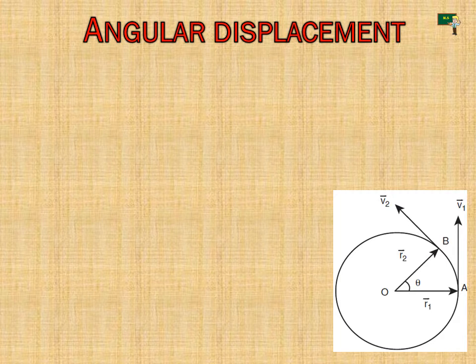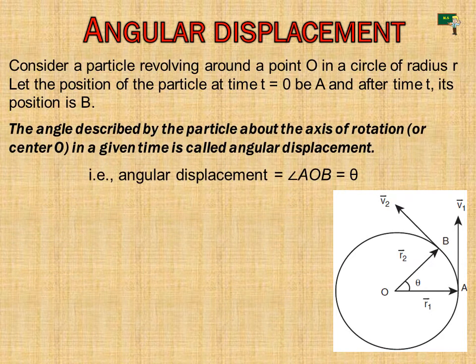We saw the radian and degree. So using that radian and degree, let's see the angular displacement. Consider a particle revolving around the point O in a circle of radius r.